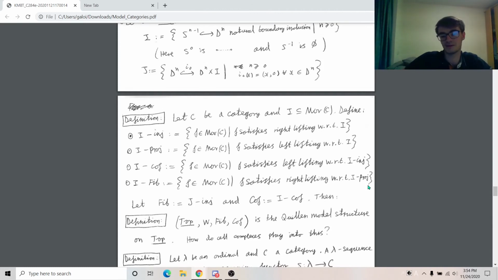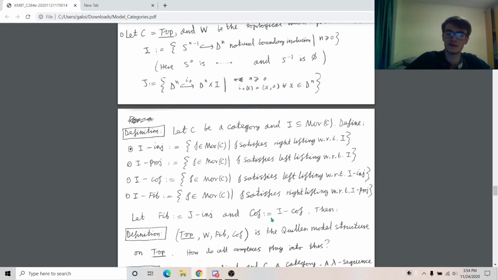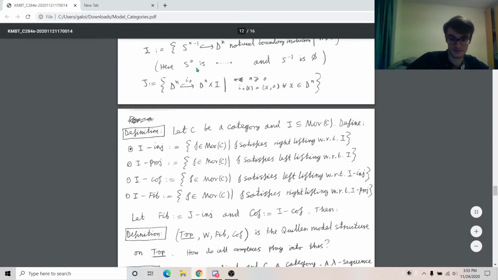And we claim simply by reflecting the class of morphisms I twice, like this, you will get your fibrations and cofibrations. And so in our particular example, we let the fibrations be the J injectives, where J is this set here, and we let the cofibrations be the I cofibrations, where I is this set here.